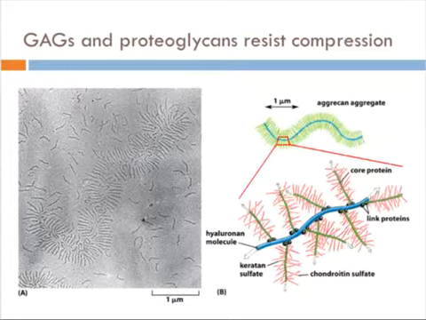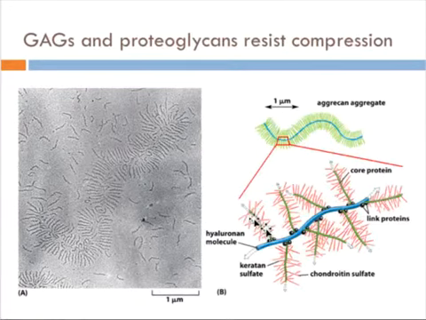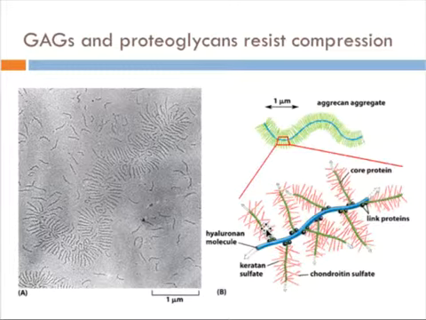They're negatively charged polysaccharide chains that are made of repeating disaccharide units. So you just have the same units over and over and over, and then they are linked to these core proteins via covalent linkages to form what are called proteoglycans.